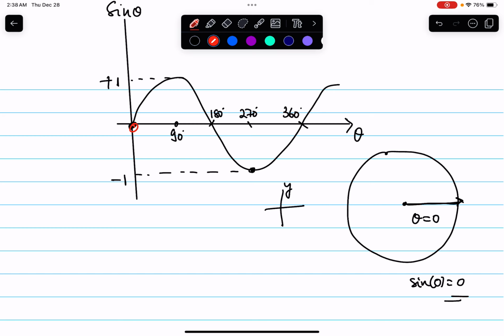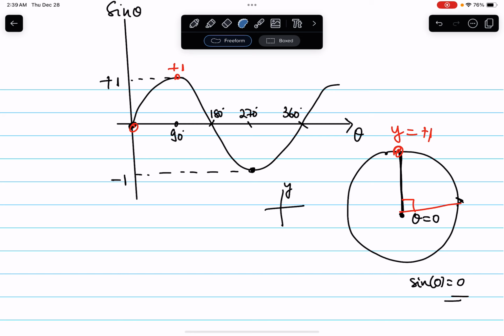Now, as you go up, it's sort of like this minute hand shifts. Now the minute hand has shifted, so we are at 90 degrees. Now that we are at 90 degrees, we can see that the corresponding y value is positive 1. So over here you're going to be at positive 1.